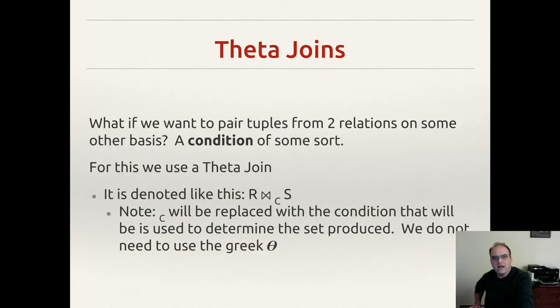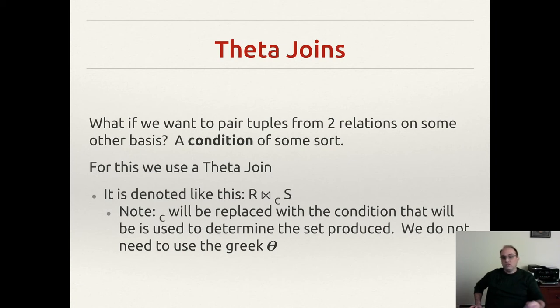So that now is why we want to use conditions, and this is why we're going to use a theta join. This is going to allow us to do that. In this case, we're going to denote it just like we were doing before with the two relations and the join operation, but we're going to have the condition as a subscript.